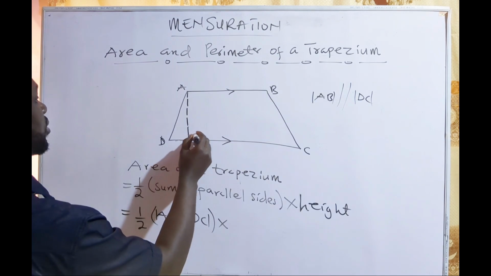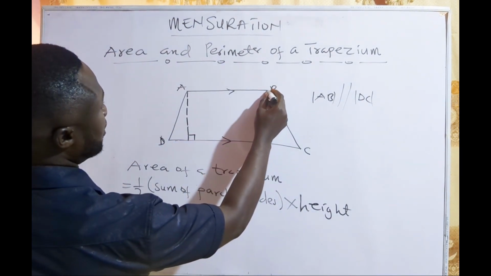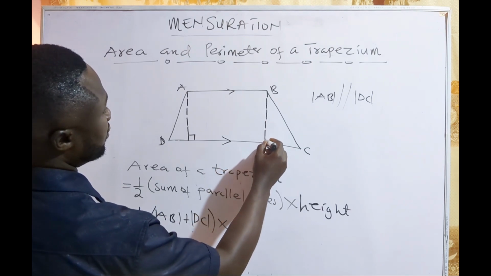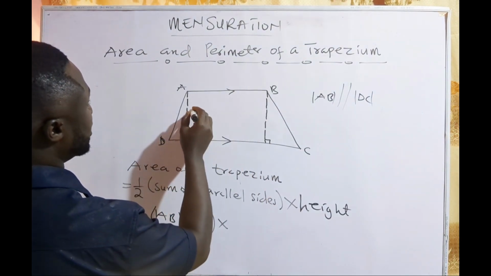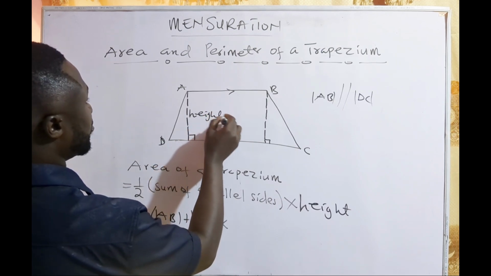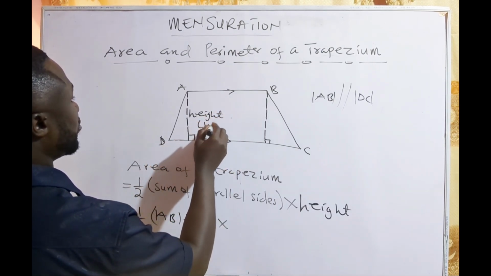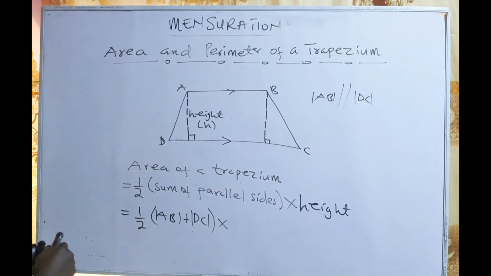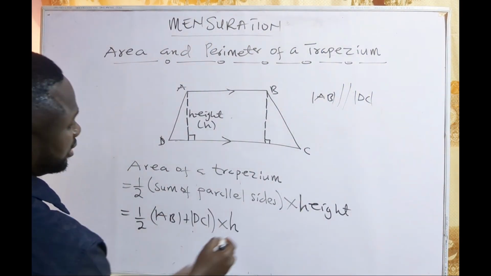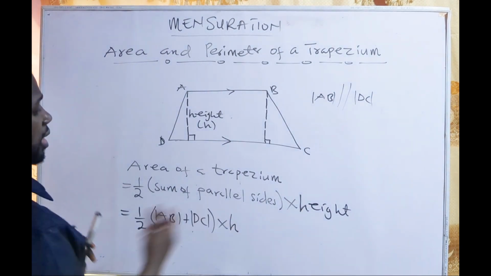So you take note. The height is always perpendicular to the base, or you can even have the height like this. Okay. The same thing. So this can be our height, h. All right. So that is the area of a trapezoid.